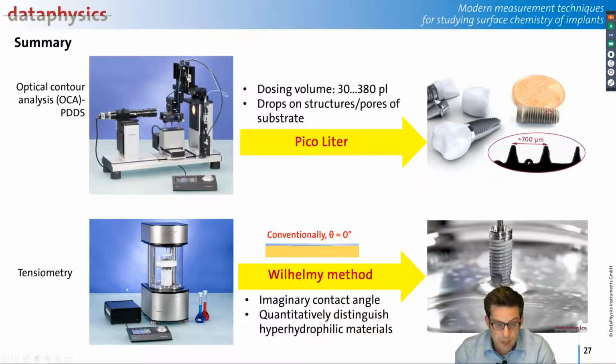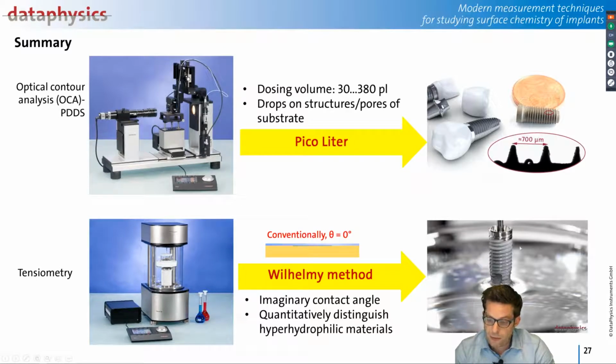Then another method I showed you is a tensiometric, force-based method, and it can show you how hydrophilic your implant is. This is very good for quality control or also for development of new coatings, or when you just want to see the effect of plasma on your implant, how it's improving the wettability. Very important, the second method, the force-based method, is not position resolved.